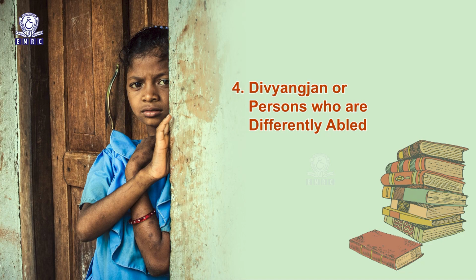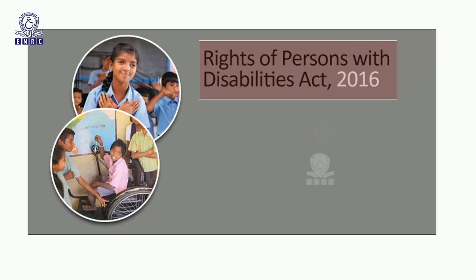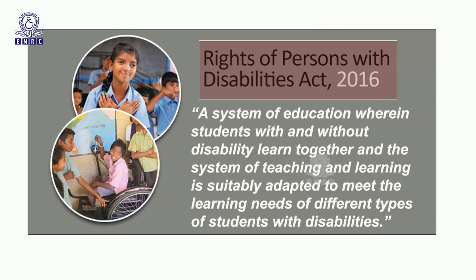Divyangjan, or persons who are differently abled. The Rights of Persons with Disabilities Act 2016 defines inclusive education as a system of education wherein students with and without disability learn together, and the system of teaching and learning is suitably adapted to meet the learning needs of different types of students with disabilities.